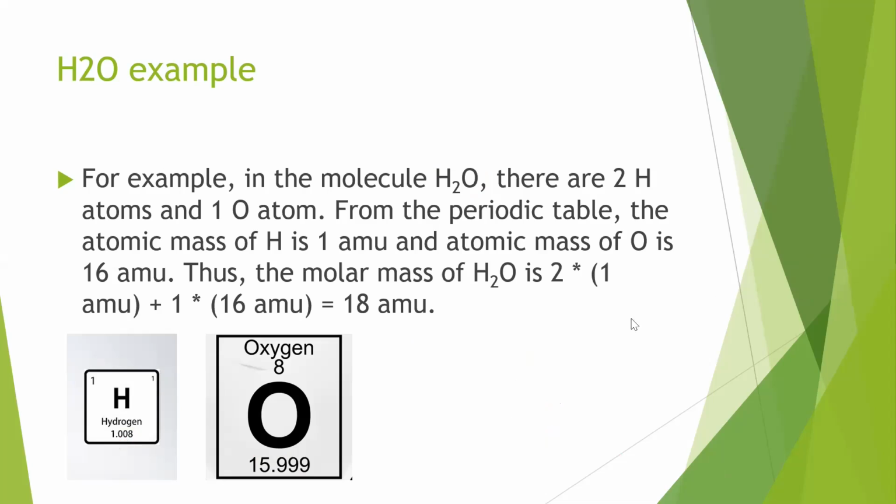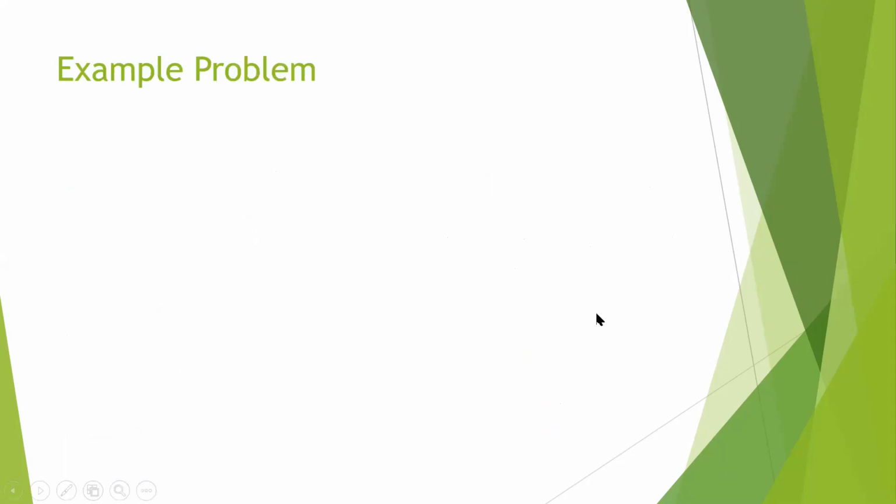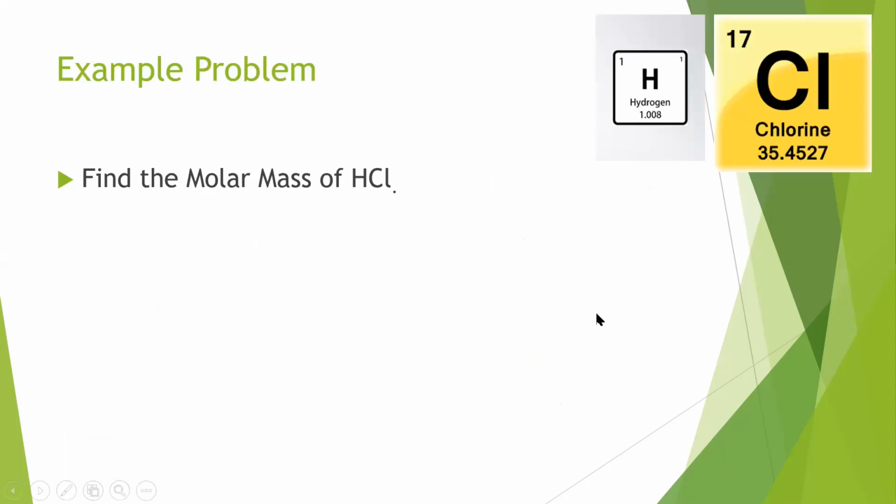So now the next slide, we're going to do a practice problem relating this. So please type your answer in the chat when you have it. What's the molar mass of hydrochloric acid, or HCl? I'll give some numbers that we can use. We can just assume hydrogen to be 1 and chlorine to be 35.45 to make things a little easier.